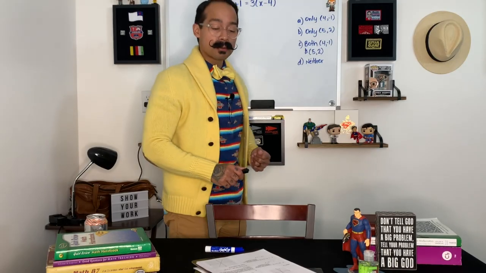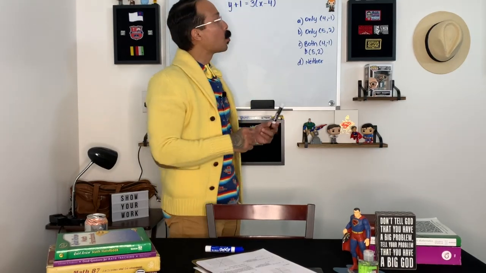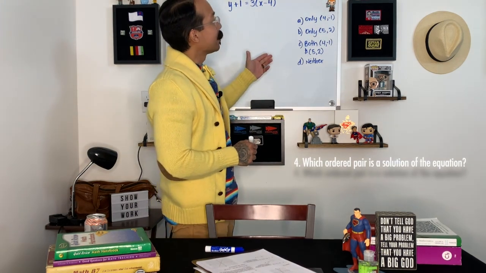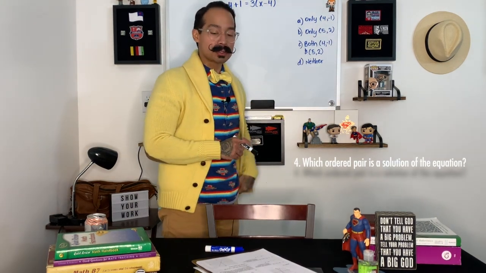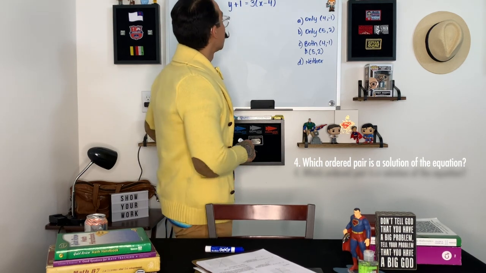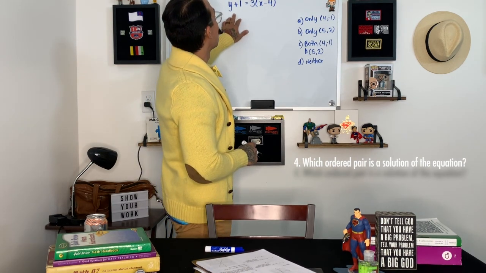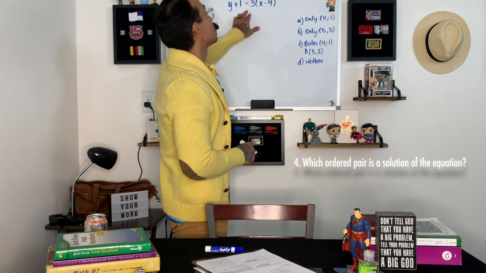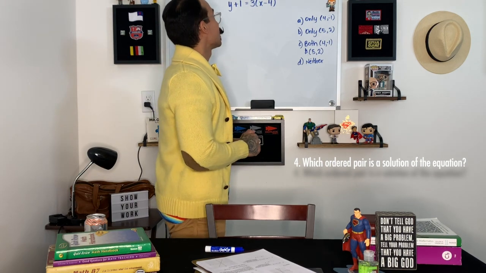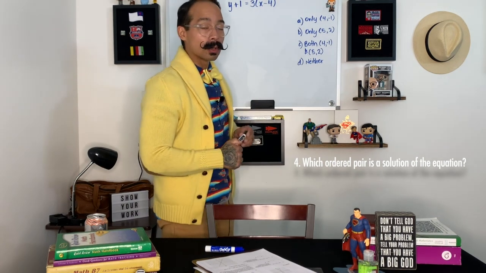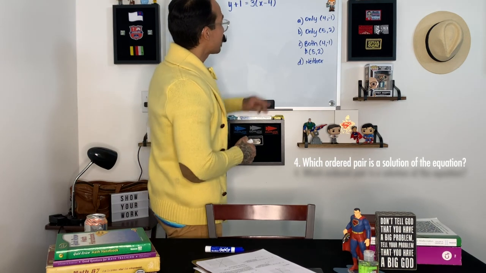For question number 4, we're asked which ordered pair is part of the solution to the equation y plus 1 is equal to 3 times the difference of x and 4. And so we have some options here.